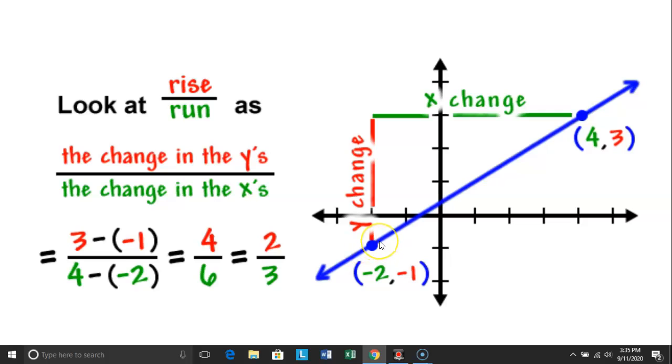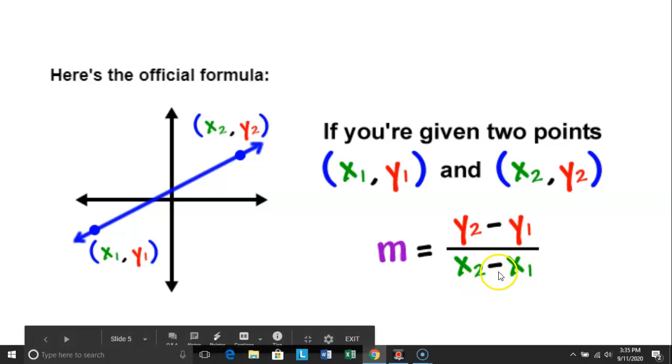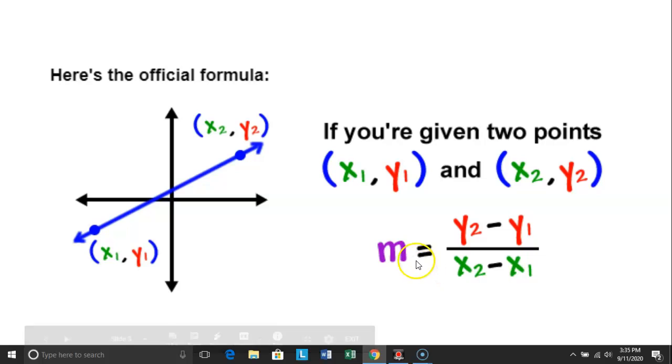So we're gonna go deeper in that one as well. And just a refresher, you're gonna use this formula right here, y sub 2 minus y sub 1 all over x sub 2 minus x sub 1. That would determine the slope of the line.